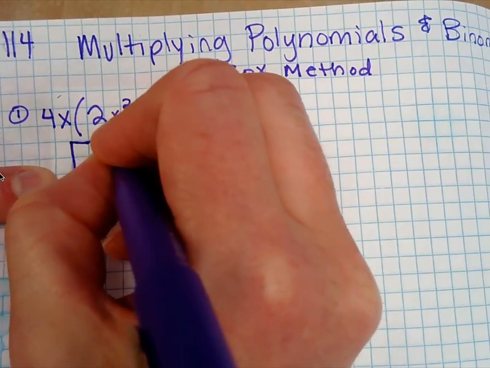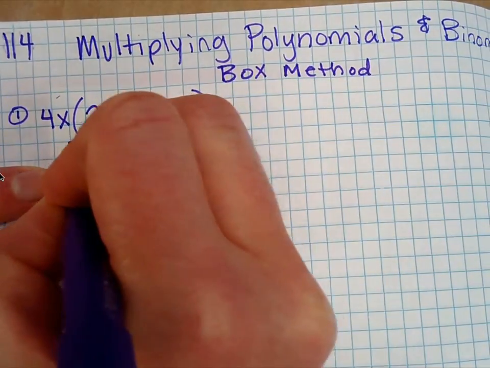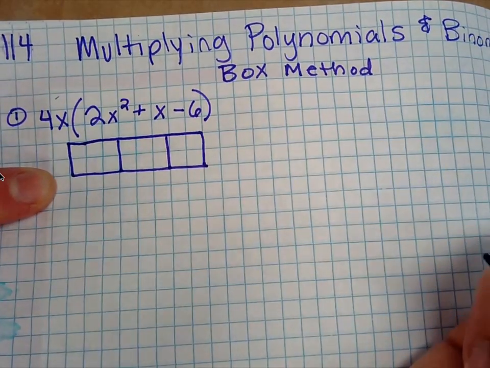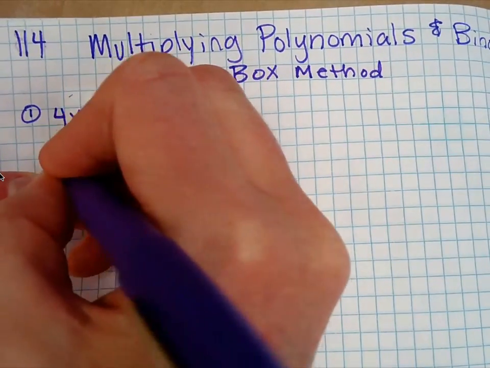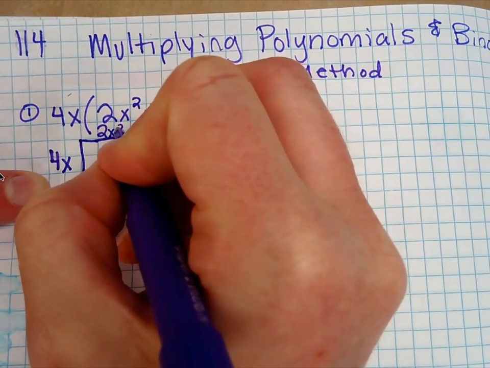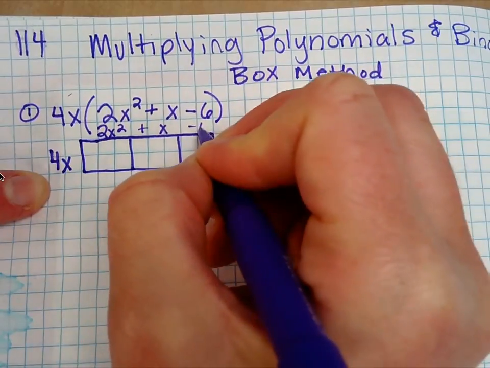So we're going to do just like the butterfly, this. Where I have 4x on the outside, and then on top of the box, I'm going to do 2x squared plus x minus 6.